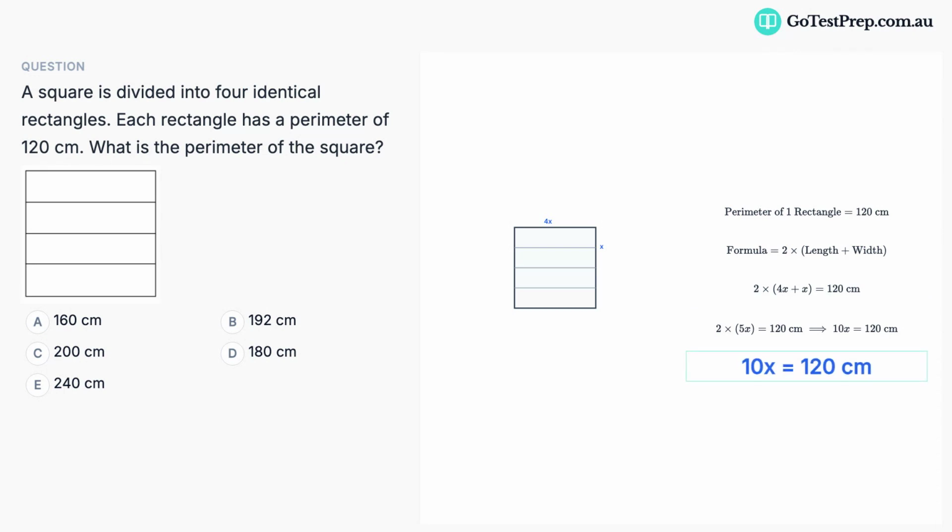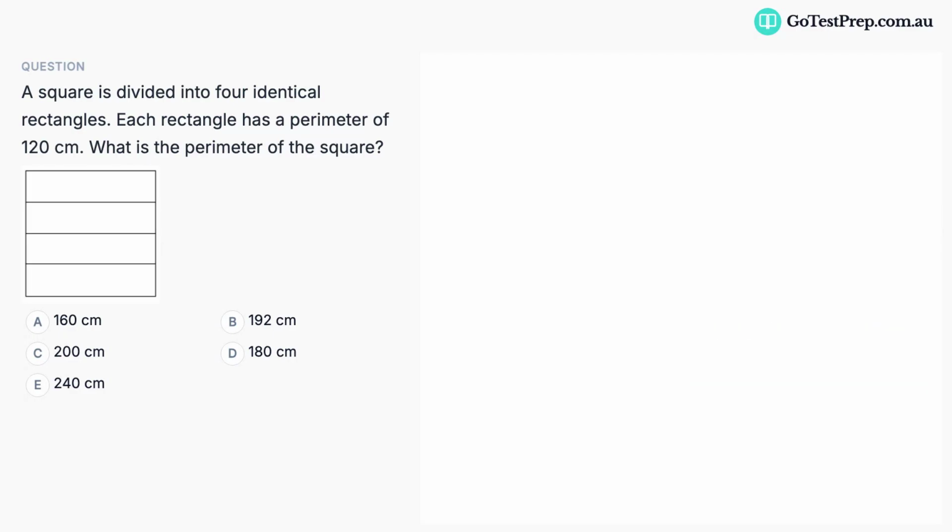We can now state that 10x is equal to exactly 120 centimetres. With our equation 10x equals 120 established, we solve for our single vertical block unit by dividing 120 by 10. This reveals that x is exactly 12 centimetres.